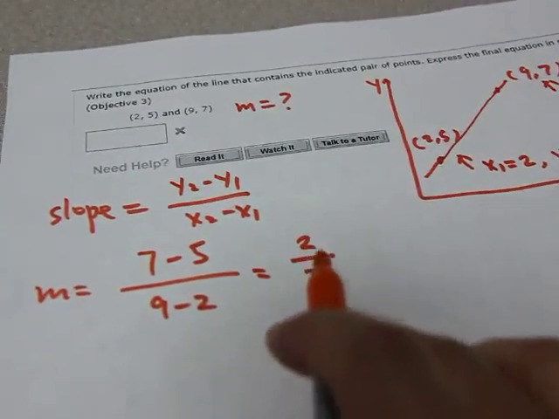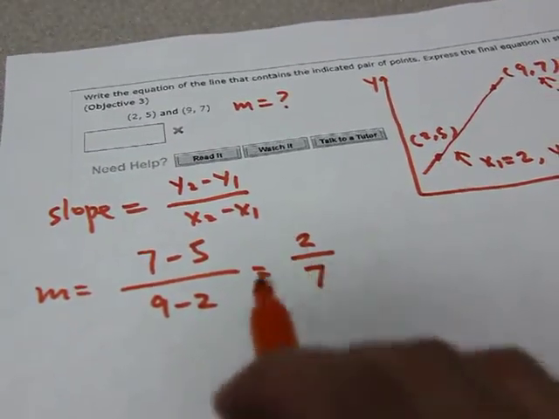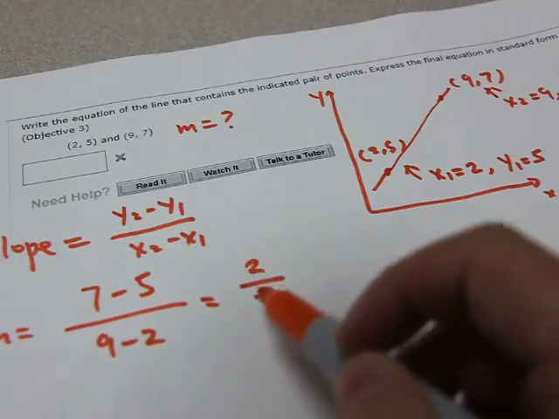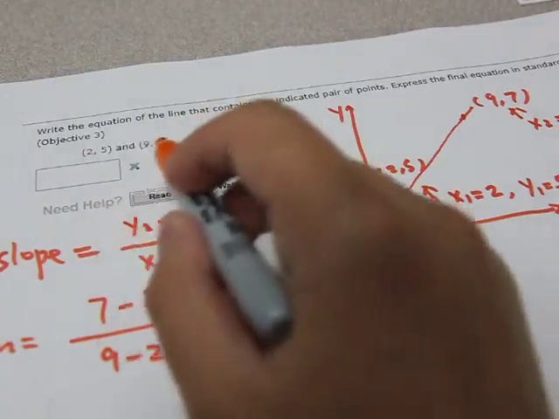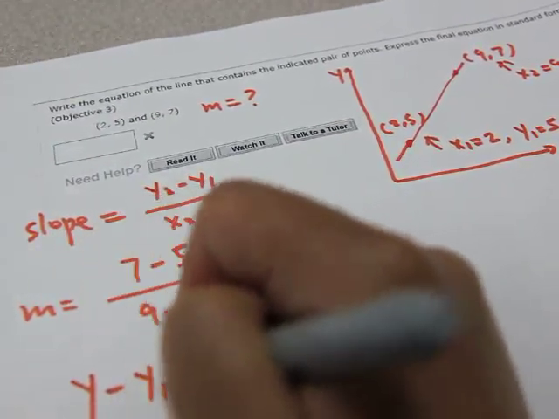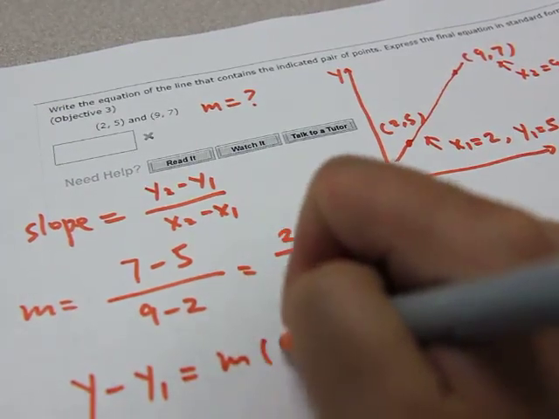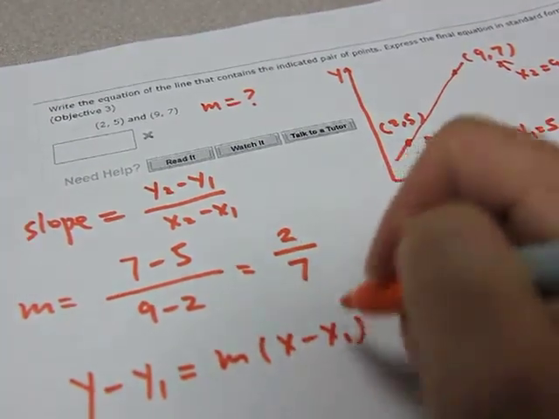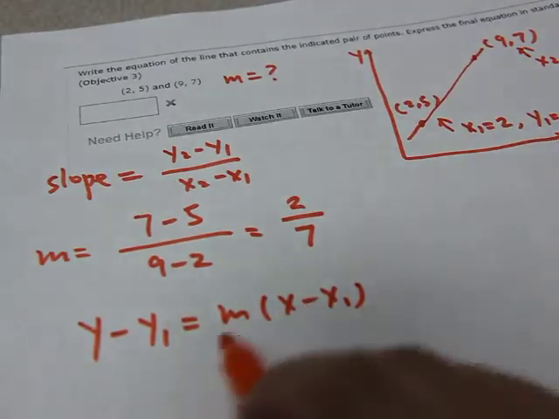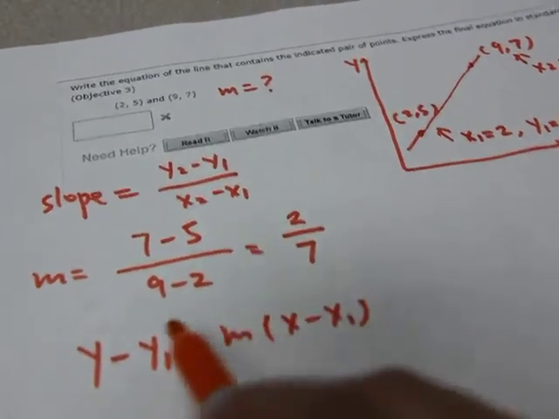Okay, now once we found the slope, we can use this slope and one of the points, and then use this formula, this equation. Then we can determine the equation of the straight line.